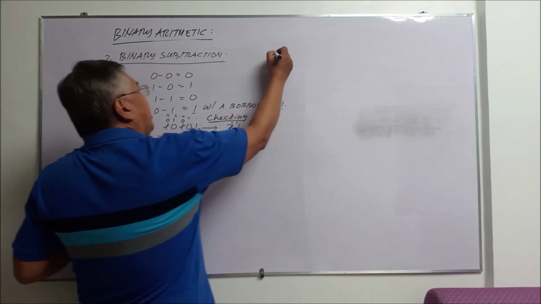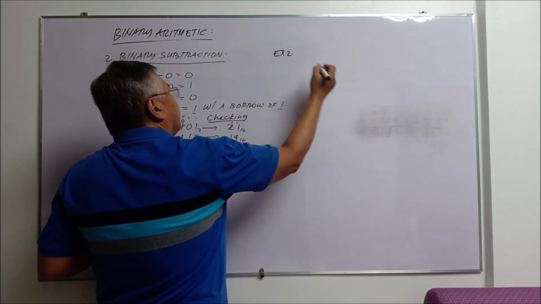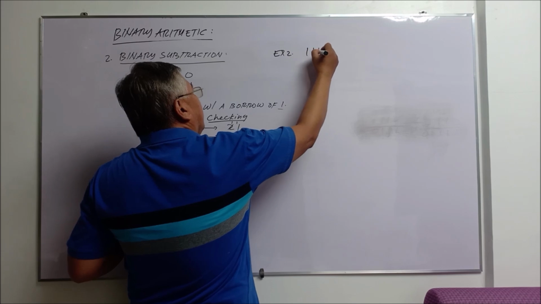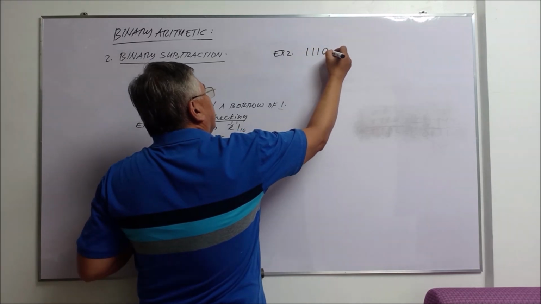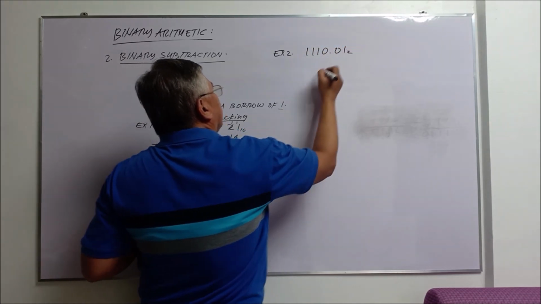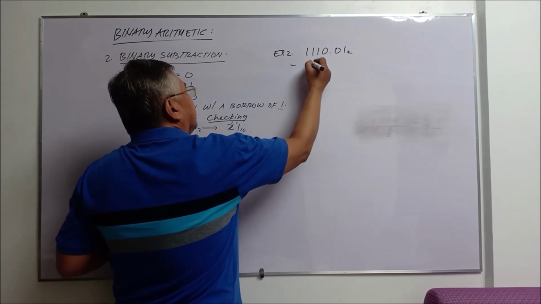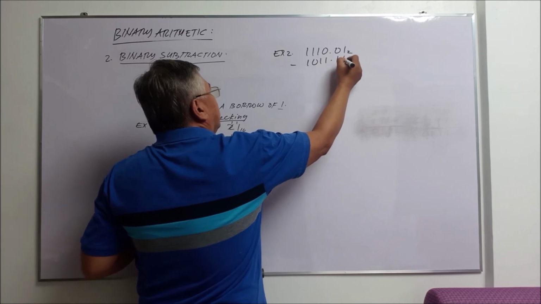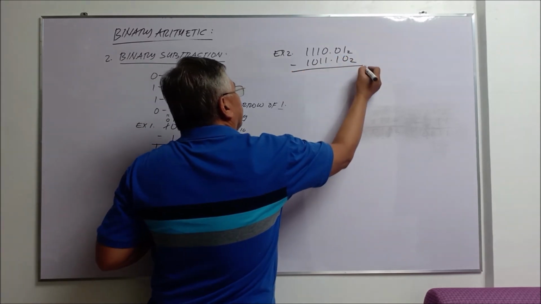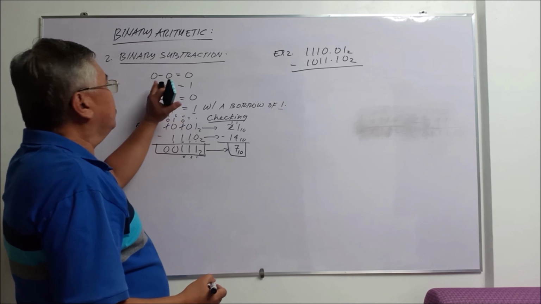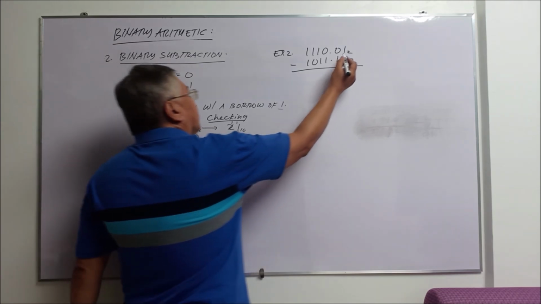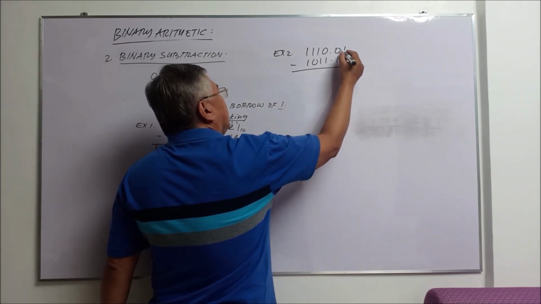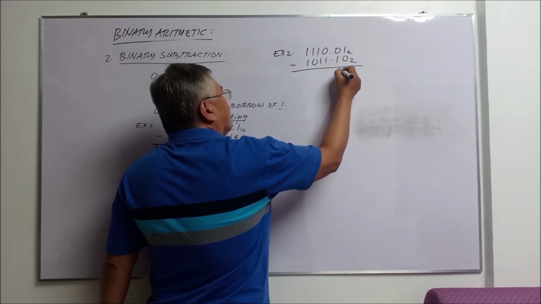Okay? So let's say we have example number 2. We have 1110.01 of base 2 minus 1011.10 of base 2. Okay? So we make use of the table. 1 minus 0 is 1. 0 minus 1 is 1 again.